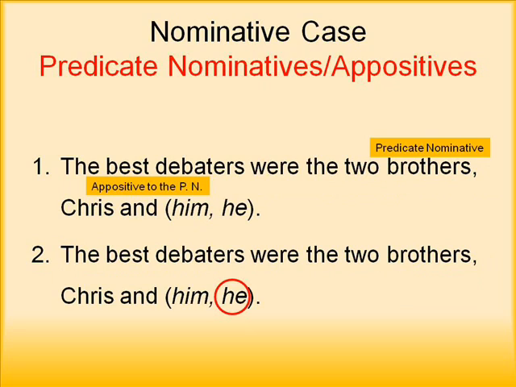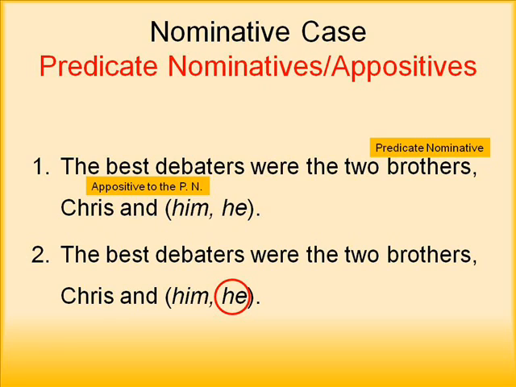Now let's look at an example with an appositive in it. The sentence is, the best debaters were the two brothers, Chris and him or he. Now we have a predicate nominative, but this time it's a noun, the noun brothers. But Chris and him or he are the appositives to that predicate nominative.